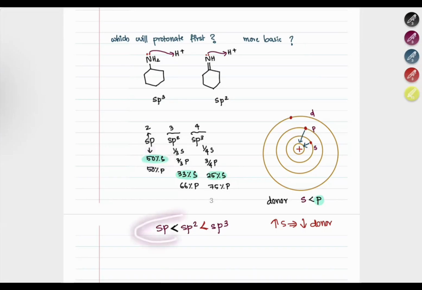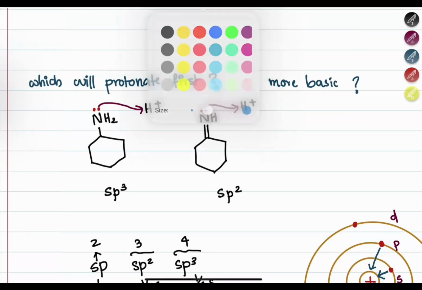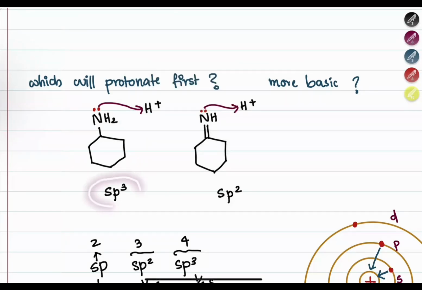So this will be the order of donor ability of hybridized orbitals. Now we'll come back to our question. In our question, we have been given 2 nitrogens. One is sp3 hybridized and one is sp2 hybridized, and the s character is more in sp3. That means the donor ability is more in the first molecule compared to the second molecule. So the first molecule will protonate first.